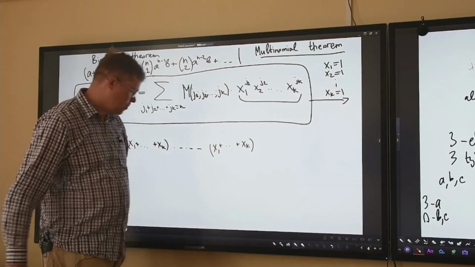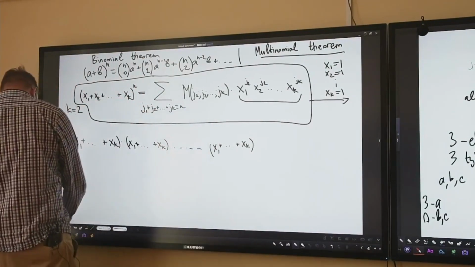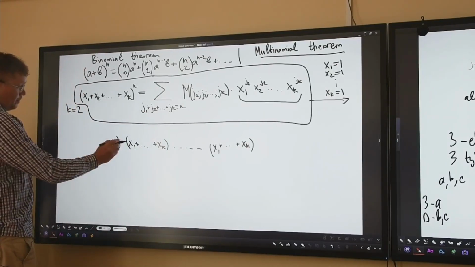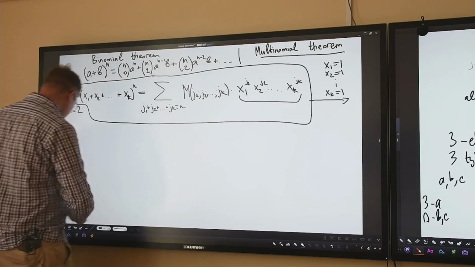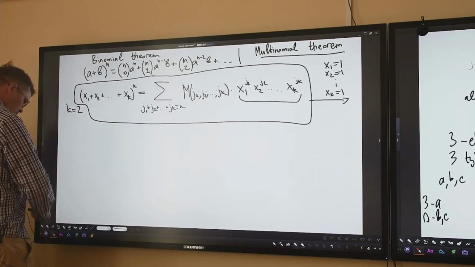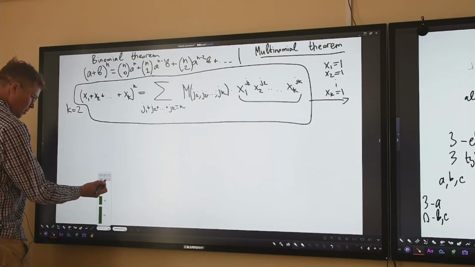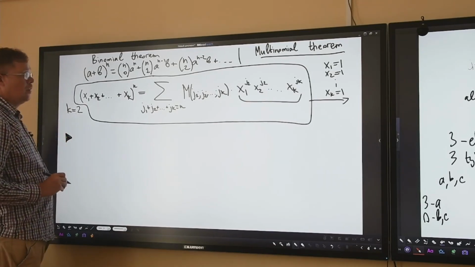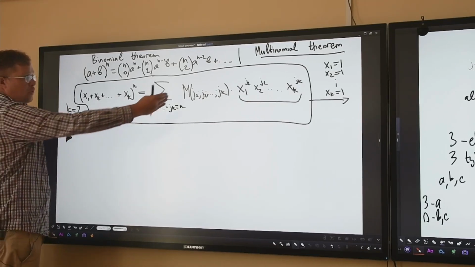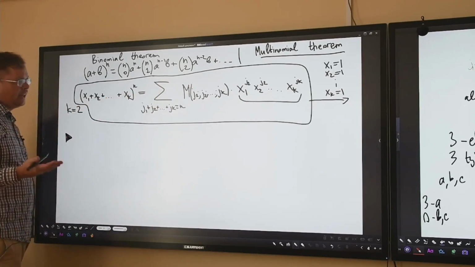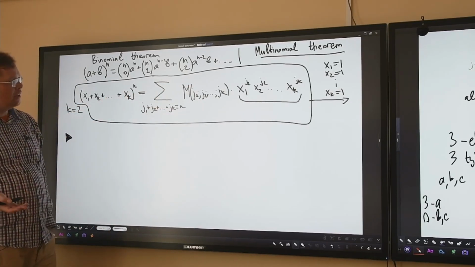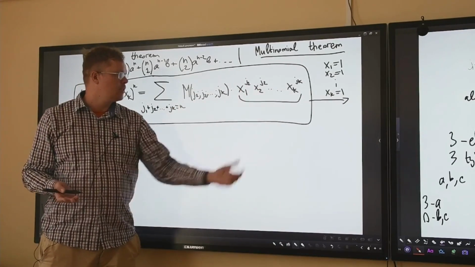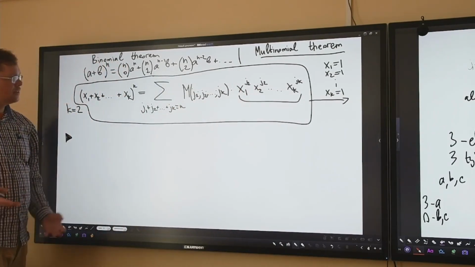Okay, how to prove this theorem? So actually, all I need to prove is how do we get this multinomial coefficient? Again, we want to take these coefficients before this monomial as some choices.